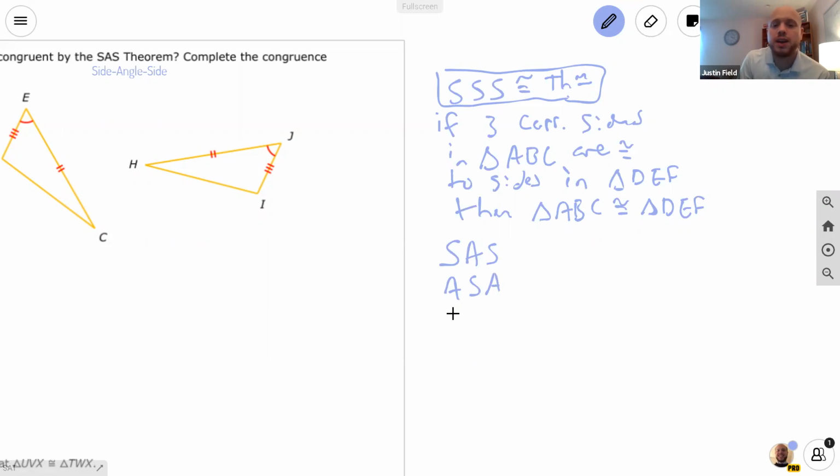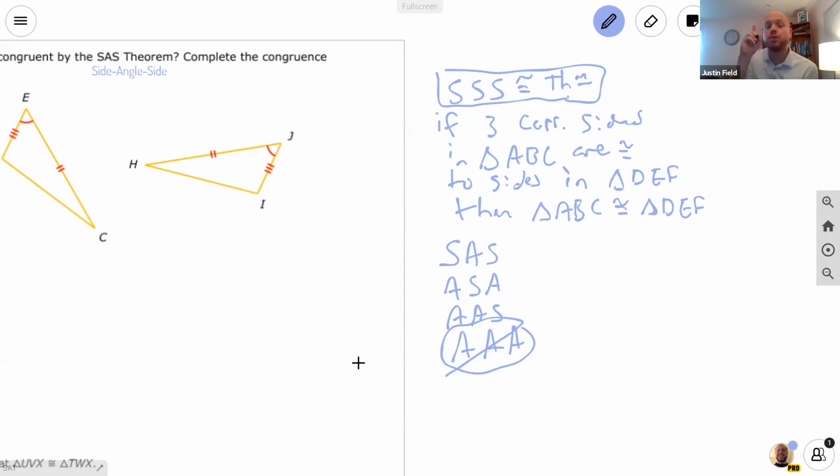Another one would be angle, angle, side. Okay, write this down: angle, angle, angle. But now draw a circle around it and cross it out. Angle, angle, angle does not work.